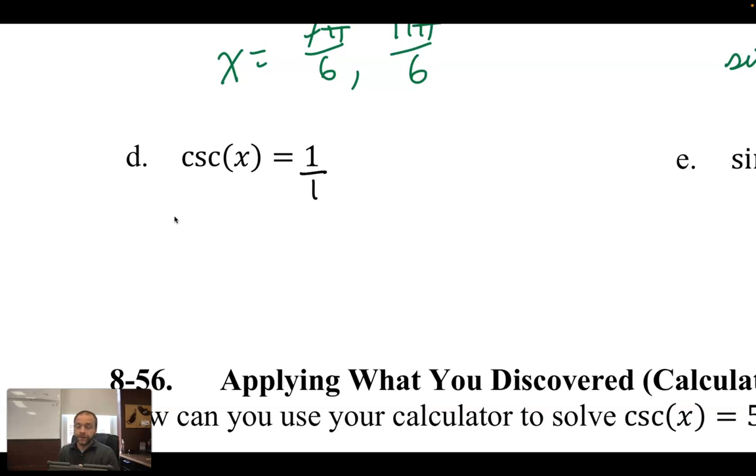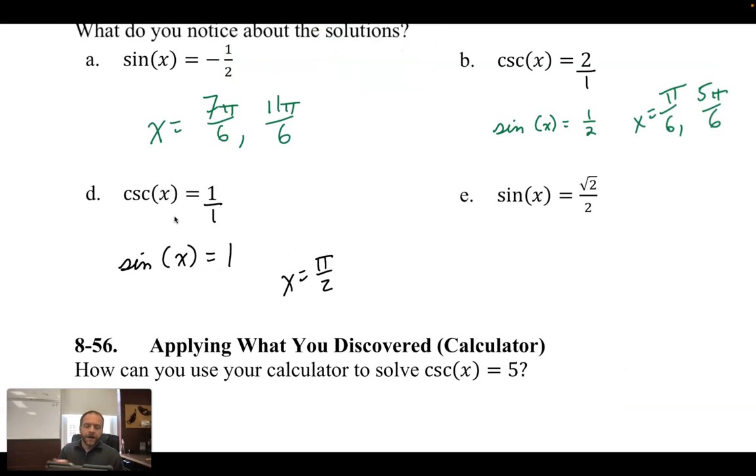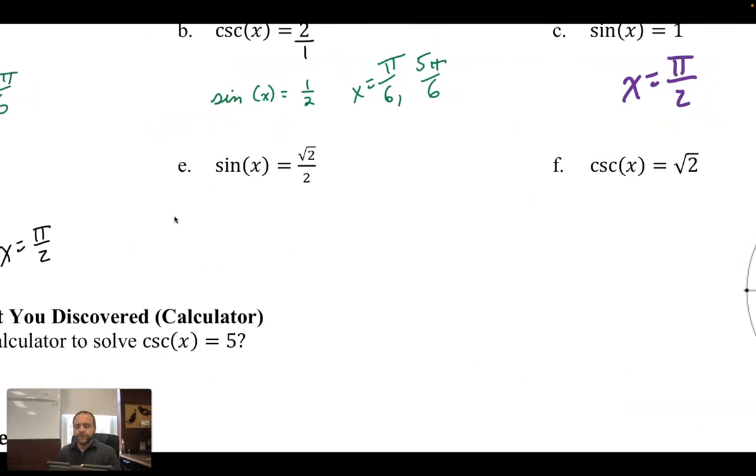So 1's really 1 over 1. So the reciprocal of cosecant is sine. The reciprocal of 1 is 1. So in that case, it's still pi halves. So sine of x equals radical 2 over 2. I'm just going to tell you that is pi fourths. And that is going to be 3 pi fourths.